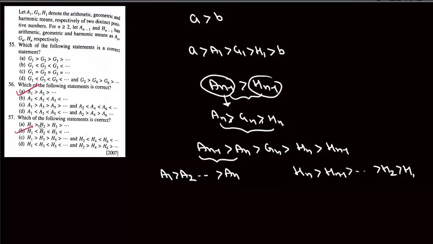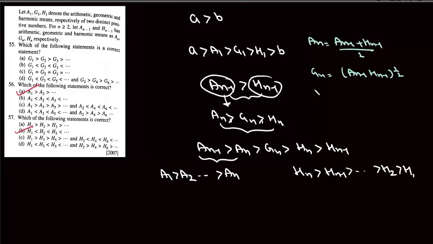So 56 is A and 57 is B. Now An is the arithmetic mean of this. So An will be (A(n-1) plus H(n-1)) by 2, and Gn will be (A(n-1) H(n-1)) to the power 1 by 2, and Hn will be twice A(n-1) H(n-1) upon A(n-1) plus H(n-1).